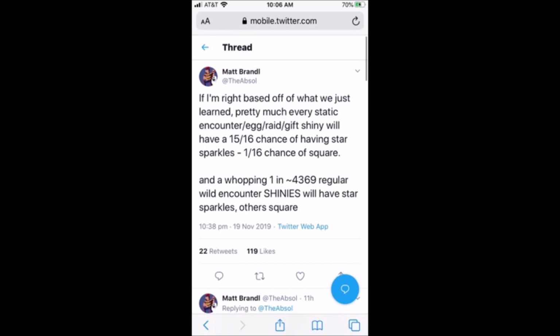That's 273 times rarer than a shiny female Combee with the 1 in 8,000 odds pre-6th gen. So basically, to find a shiny in the wild with stars instead of squares is pretty much the rarest occurrence in all of Pokemon. And that's pretty crazy.